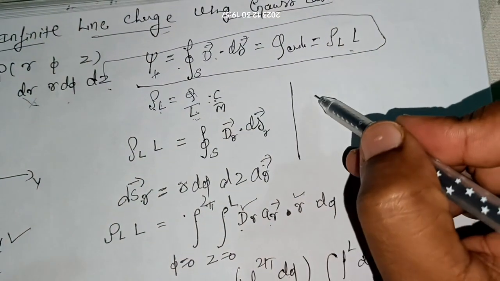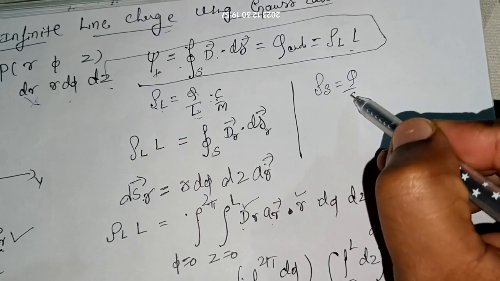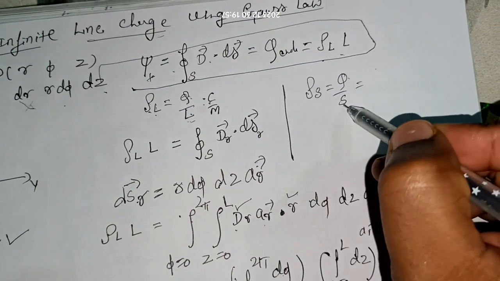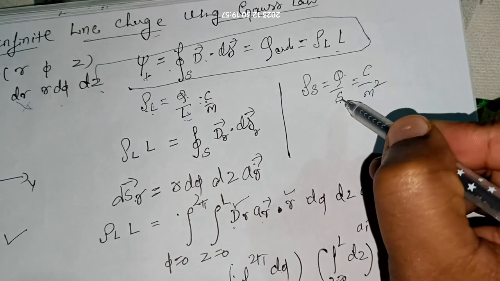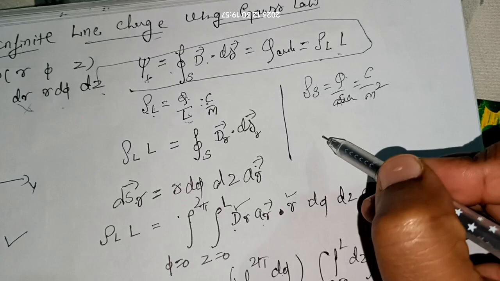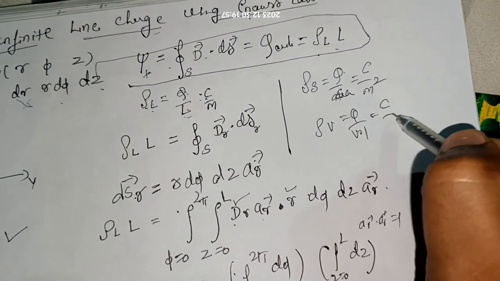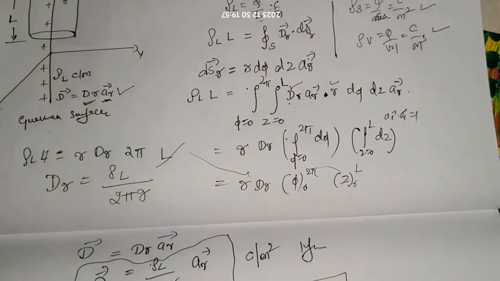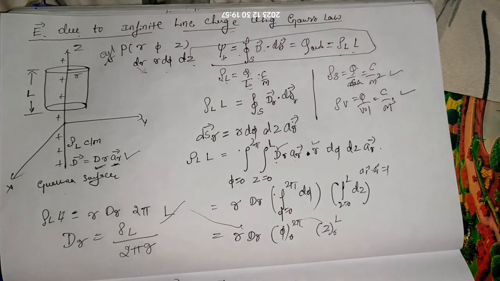Just to remember, we can also write rho S as Q divided by S, so it is coulomb per surface area, meter square. Rho V can be written as Q by volume, so it is coulomb per cubic meter. So this is how we should solve E due to infinite line charge using Gauss law.